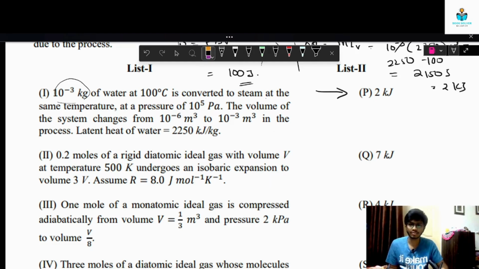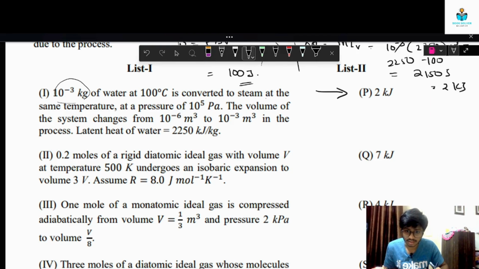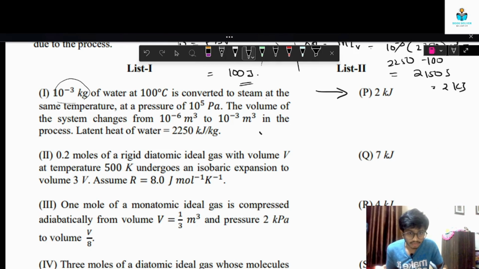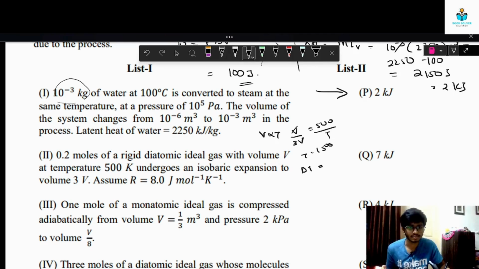It's 500 Kelvin, right? We know initial volume, we know final volume, we know pressure is constant, we know number of moles is constant. So that means we can use this relation, right? V by 3V is equal to 500 by T. Okay, so T is equal to 1500. So delta T is basically 1000.